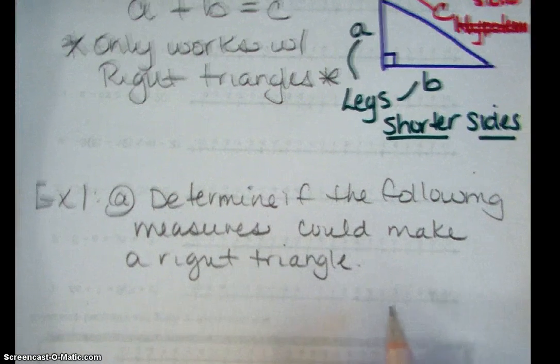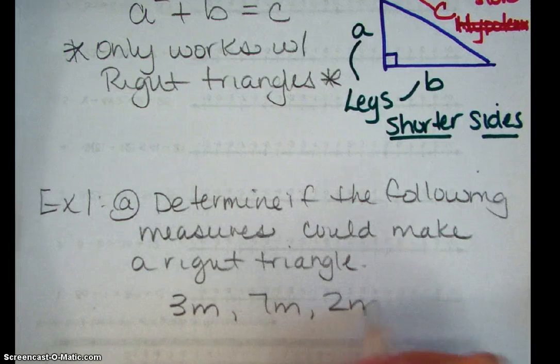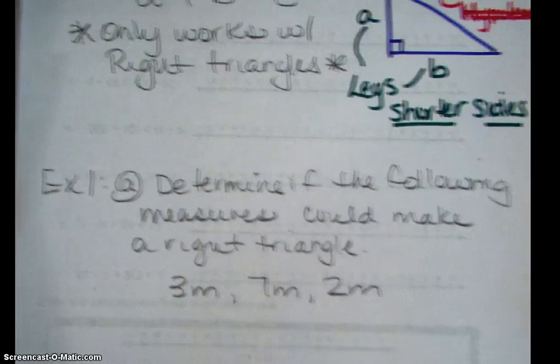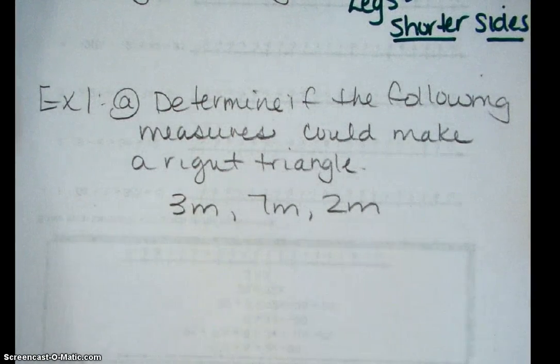Okay, so I have the measures 3 meters, 7 meters, and 2 meters. And I want to know if I can take those lengths, piece them together in order to make a right triangle where there's no gaps and no overlapping.